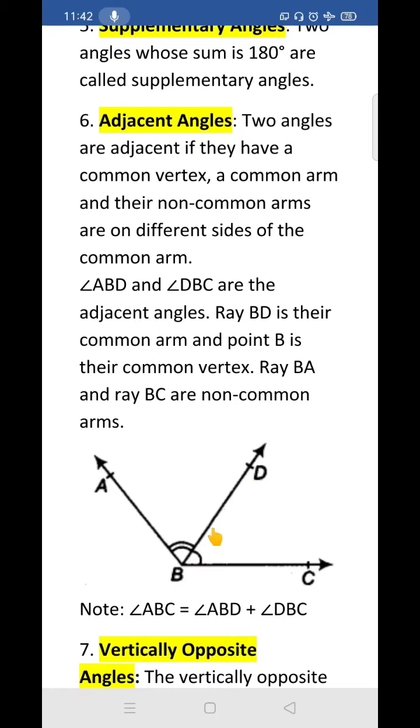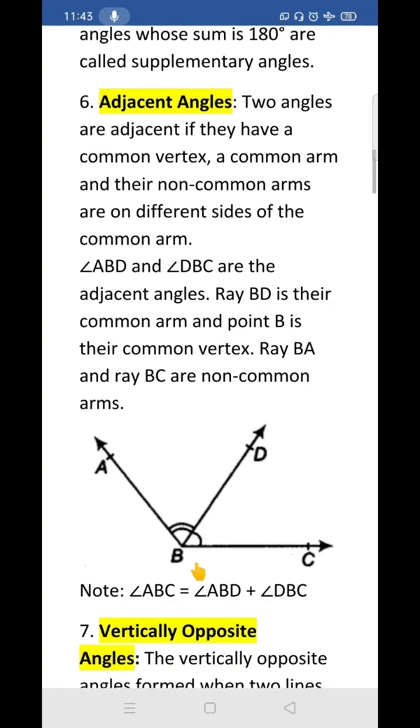Now their non-common arms, like non-common sides, are on different sides of the common arm. See here, this is your common side, and the non-common arms are on different sides of the common arm. Here also, non-common arms are on different sides of the common arm, isn't it?